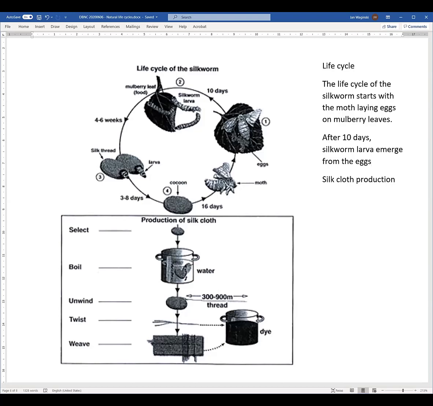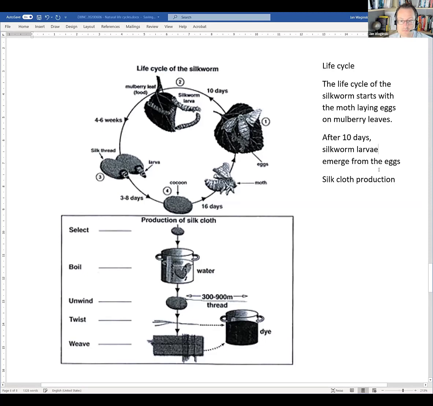Yes. So in step 1 we've got eggs. Step 2 we've got larva. Obviously the larva emerged from the eggs. What does it mean, larva?